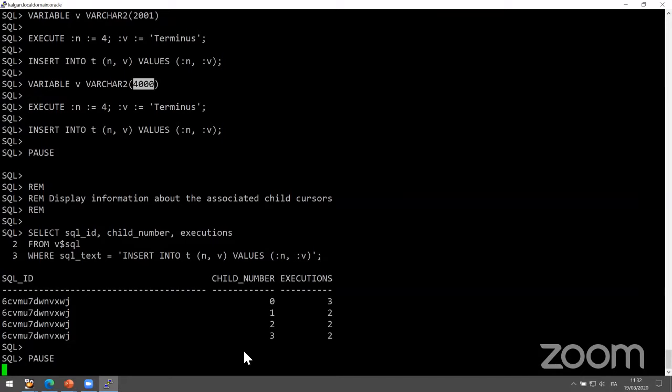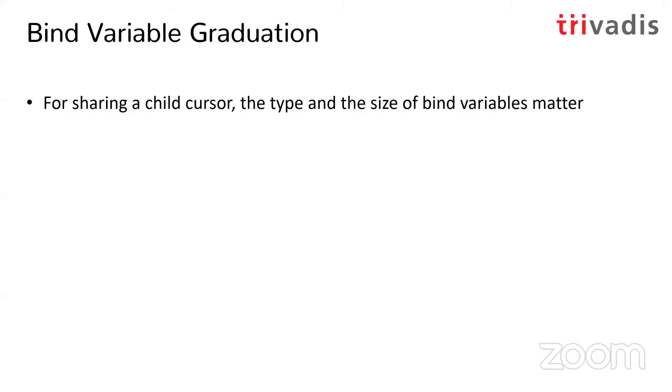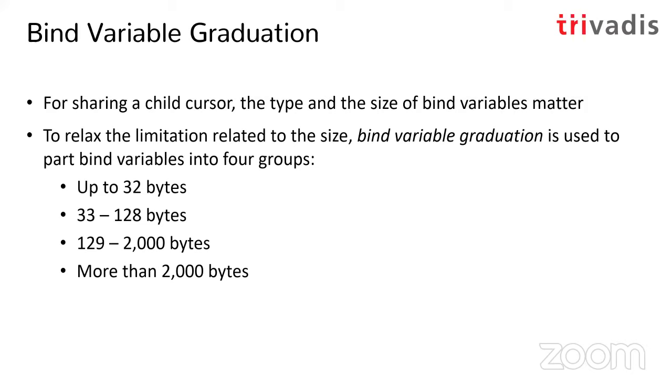child cursor. And that's called bind variable graduation: the size of the bind variable matters, and Oracle basically puts all the bind variables in 4 groups. One group is up to 32 bytes. Second group, 33 to 128.